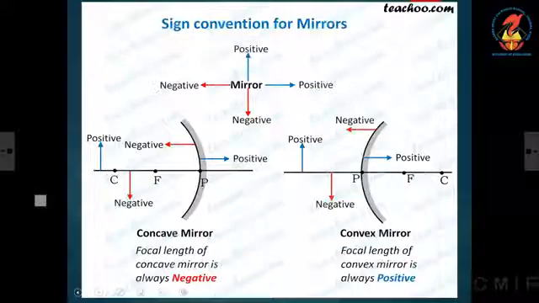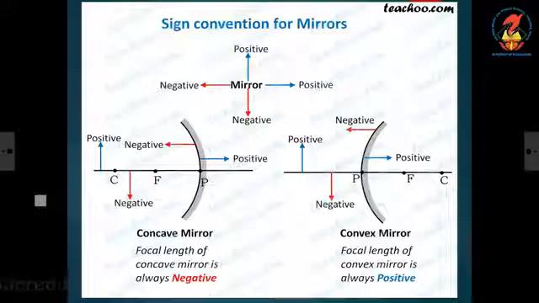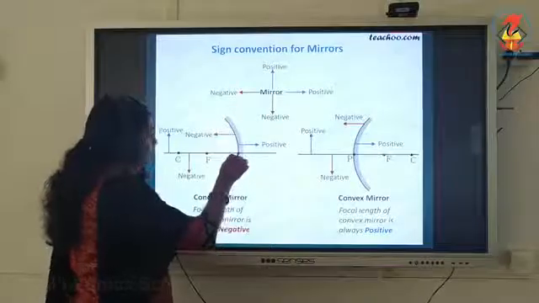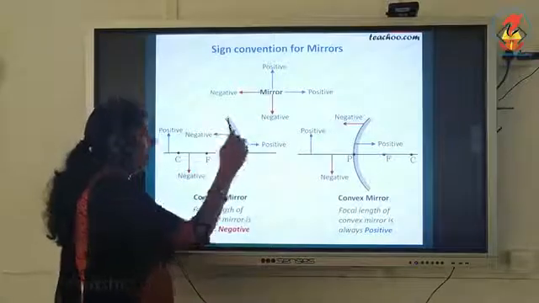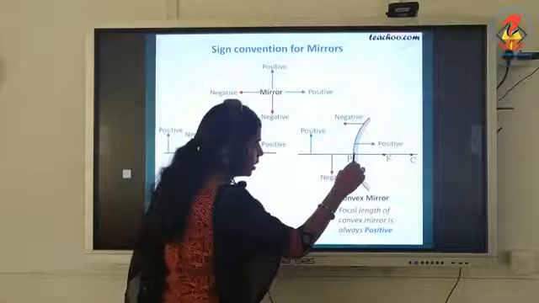Towards the y dash axis, it is taken as negative. Now, the basic rules are there. All measurements are taken from the pole of the mirror, whether it is concave or convex.